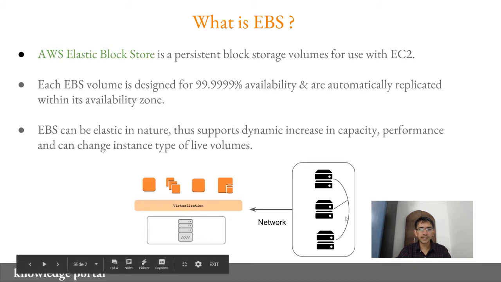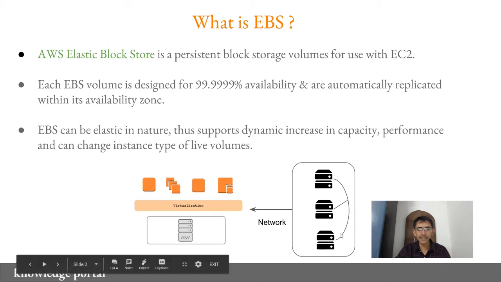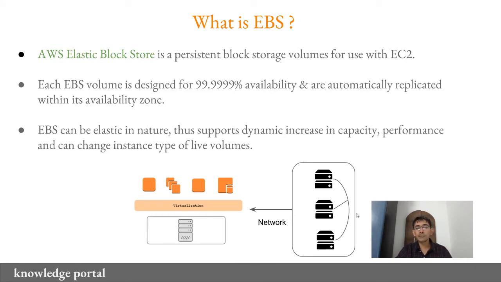So this is another advantage of EBS, but do remember that although AWS claims that the data is replicated and highly available, I have seen a lot of instances, because I have been working in enterprises where we have thousands of servers, where EBS volumes face issues and the data is completely lost.